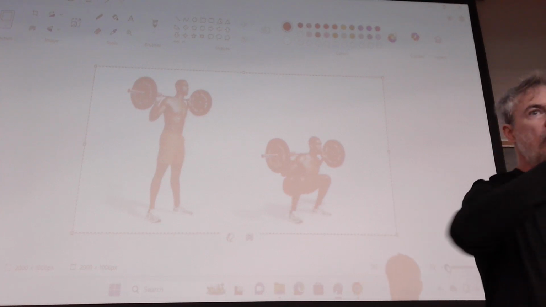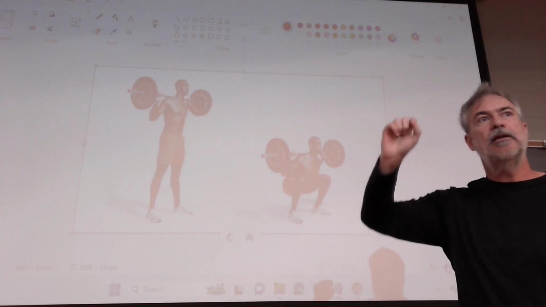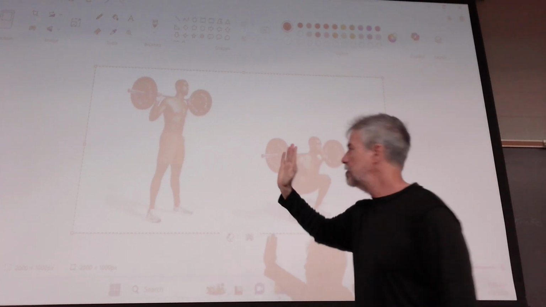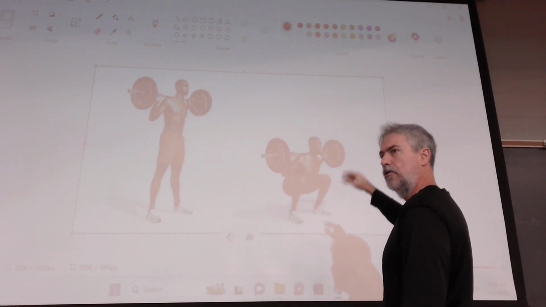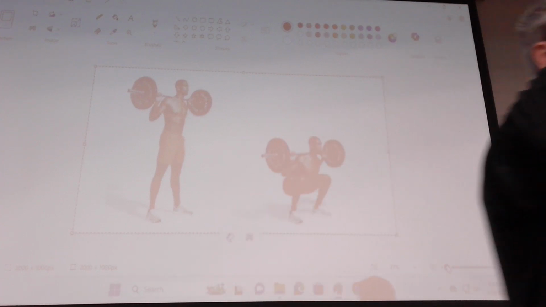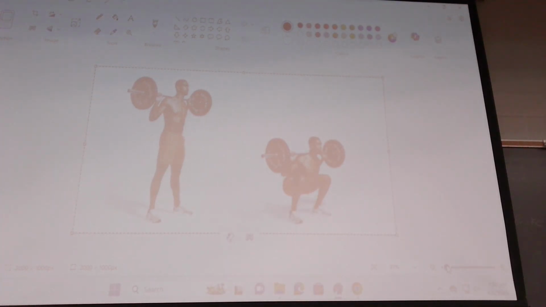Now let's reverse the question. You tell me the concentric and the eccentric phases. The answers are going to be either left to right or right to left. Not out loud, give it some thought, figure it out, use the tools that you now have. You tell me where the concentric phase is and where the eccentric phase is.